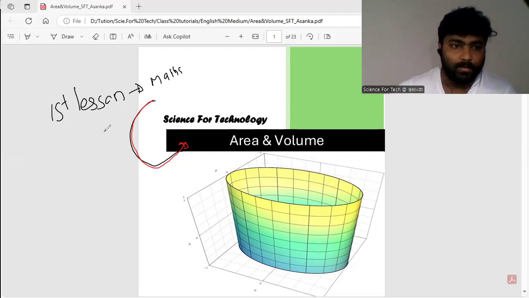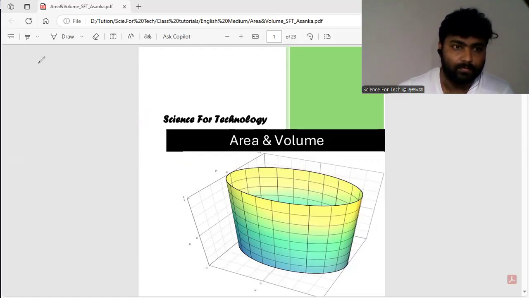Then let's start it. You can write the topic as area and volume. Actually, I prefer to write notes rather than getting printouts. In physics and maths, in bio and some chemistry parts, we cannot do handwriting because it takes longer time.